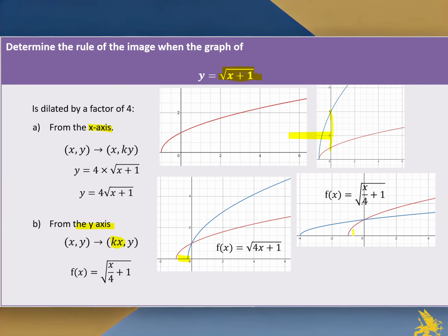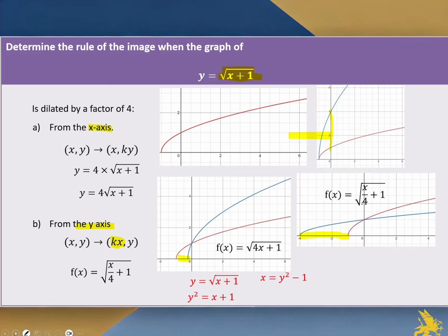Here shows you how it should be, and it means that it's being pushed away, stretched away from the y-axis. If I do the calculations, I'm just going to start off with y equals square root x plus 1. I will square both sides, and I will take away 1.